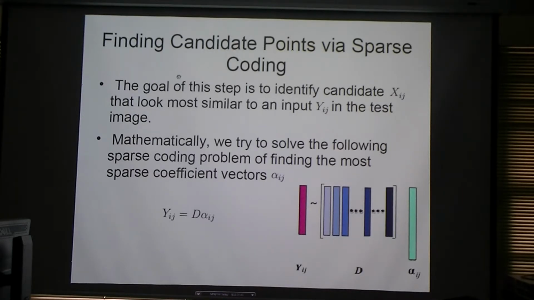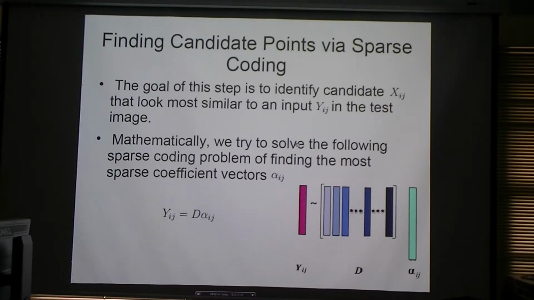Now we have made the dictionary, and we also have the features of the test image. So now we are trying to find the candidate points via sparse coding.